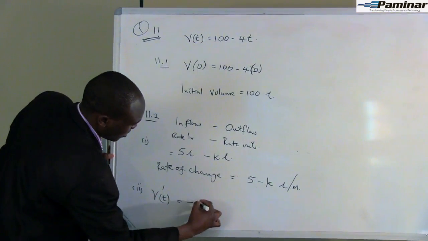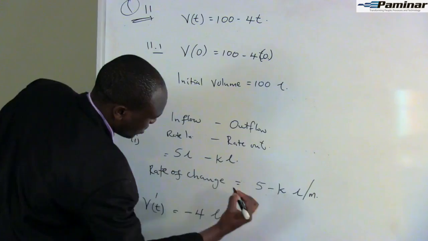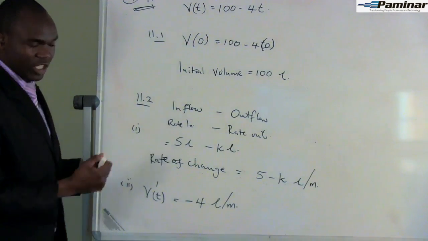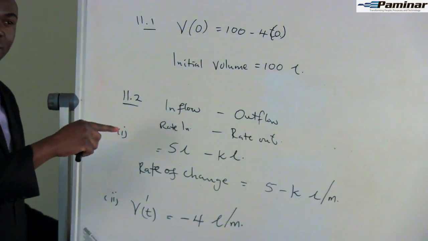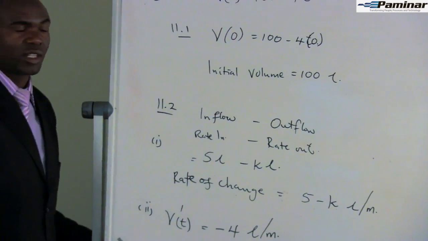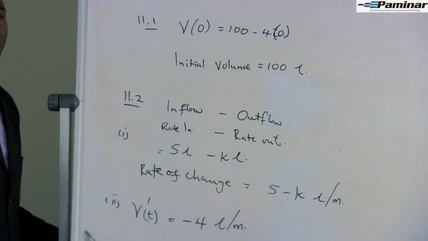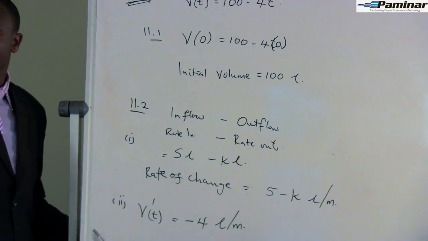Minus 4. So these are the two expressions. Remember, rate of change is a derivative also. So that's what they want. It's very quick and simple. Is it clear? Yes.